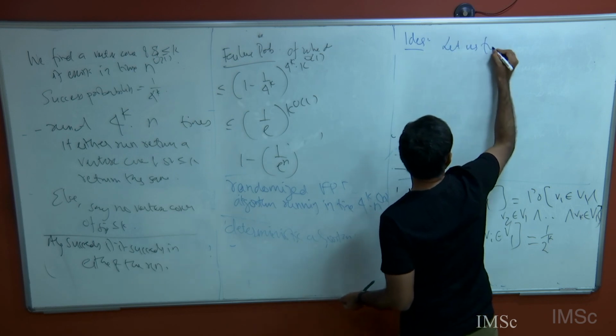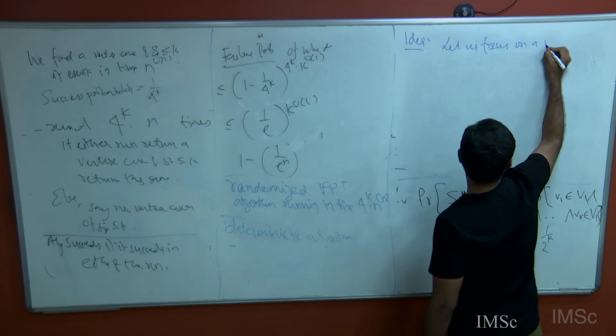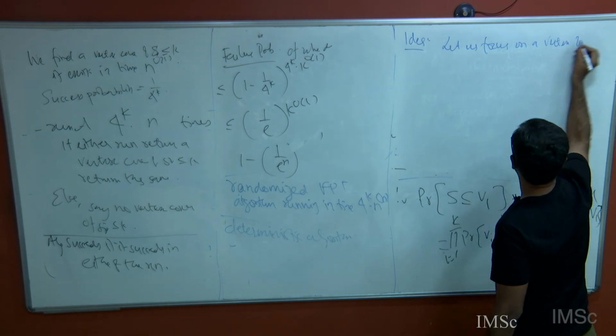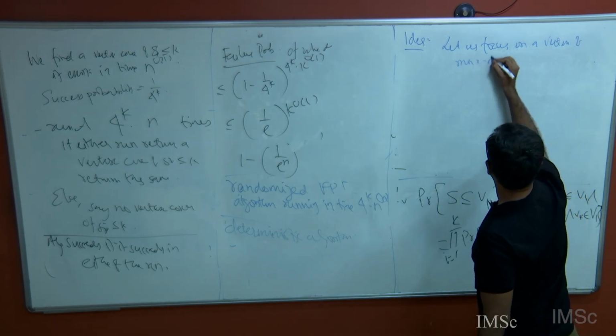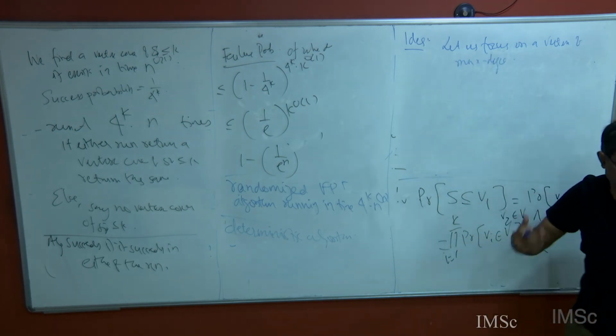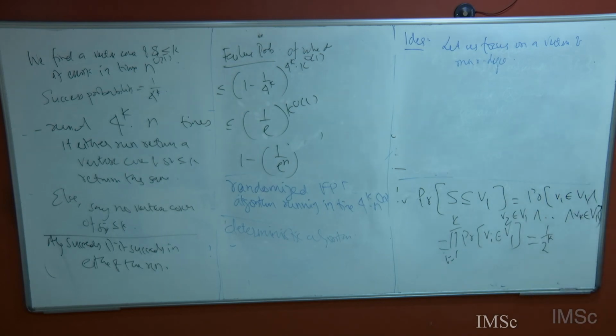Let us focus on a vertex of max degree, and in and around that. I'm just asking, could you come up with an instance where if I apply this idea, it never leads to an optimal algorithm?